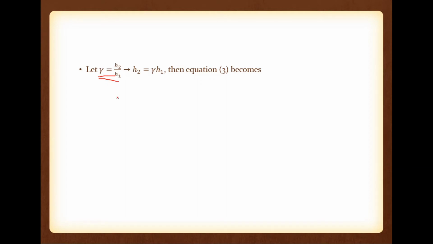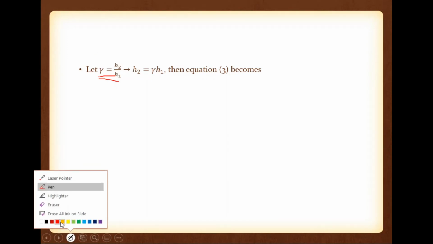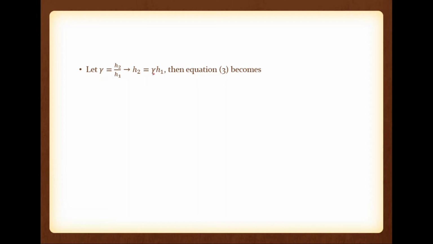Take gamma equal to h2 by h1, the leftmost difference divided by the rightmost difference. So what is h2? h2 is equal to gamma into h1. So now we can modify equation 3. What is equation 3? Equation 3 is a h2 square minus b h2 plus c, that is equal to f of x2.